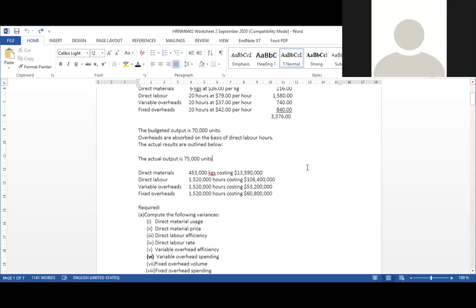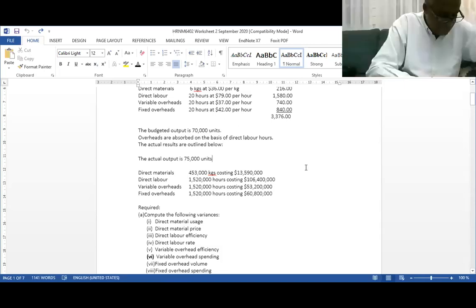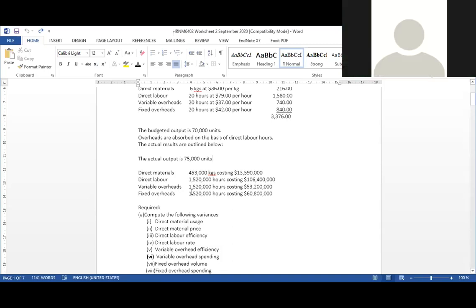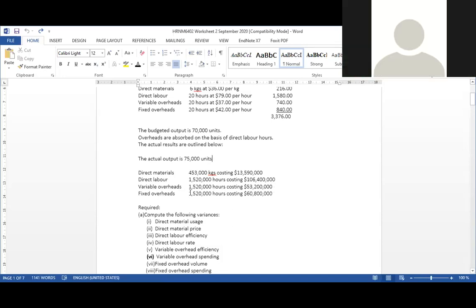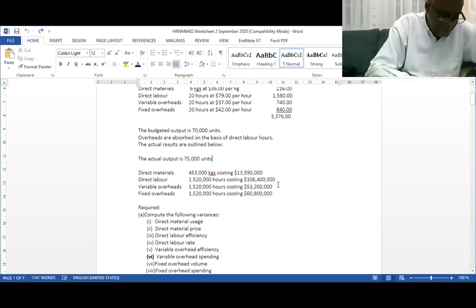Yes, sir. Okay, what is the actual rate per hour equal to? $37 per hour, sir. The actual rate per hour is equal to $37 per hour. How did you get that? Sorry, $35 per hour, sir. How did you get that figure, please?